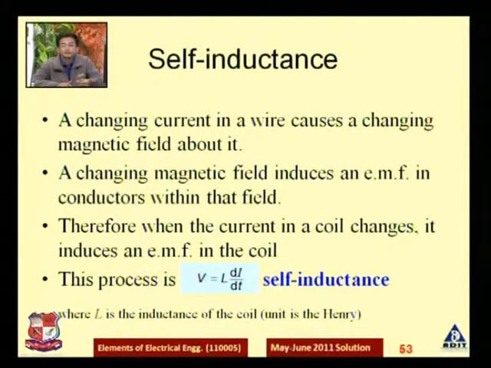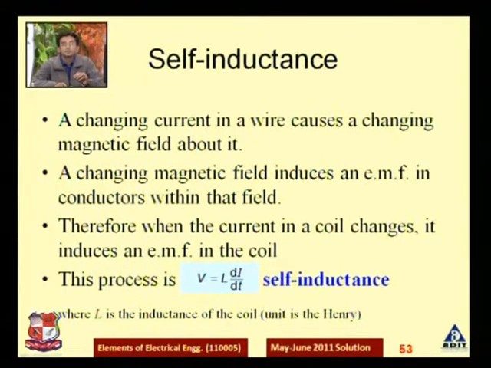This magnetic field will induce an EMF in the conductor in that field. So when the current in a coil is changing with the help of the EMF in the battery, the voltage produced by the inductor is called the self inductance of an inductor.